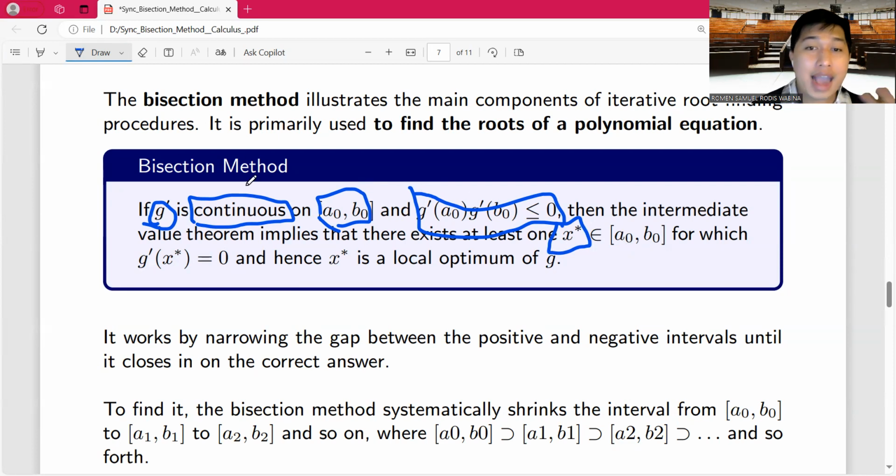And hence, x star is a local optimum of g, or in other words, x star is a root of the continuous function g.